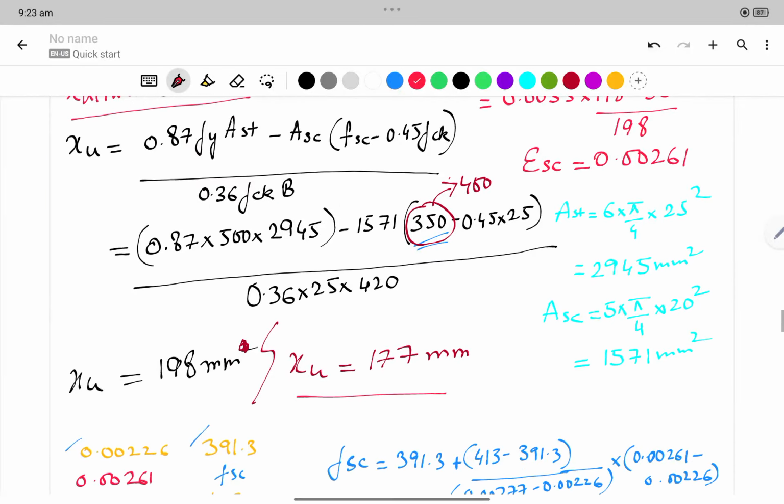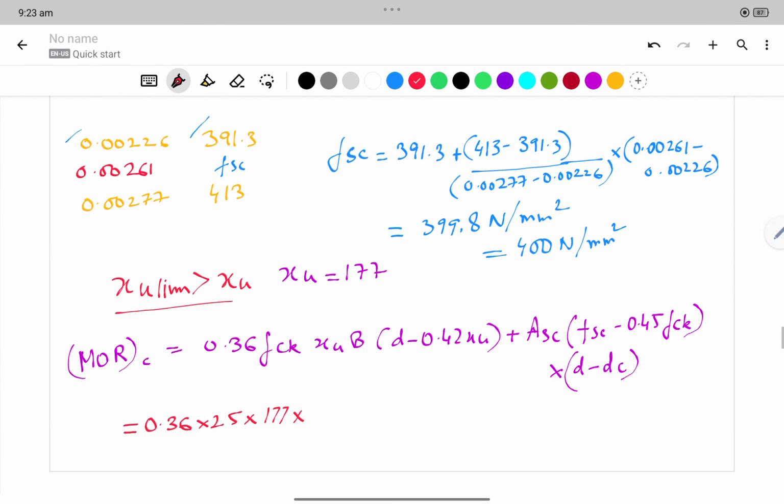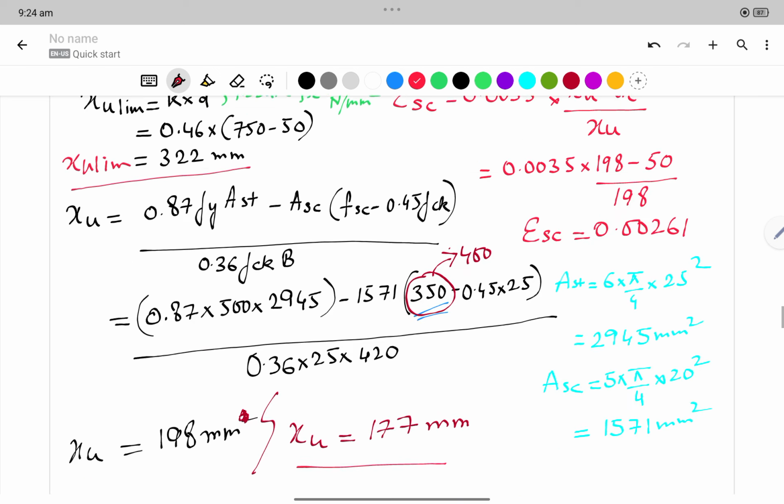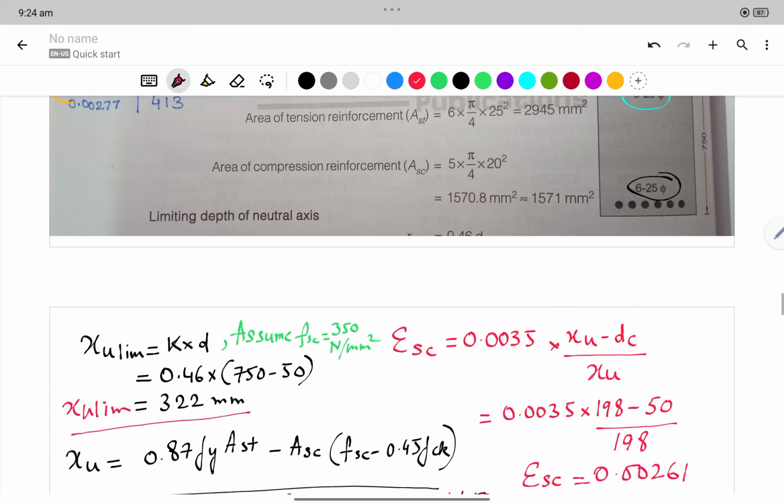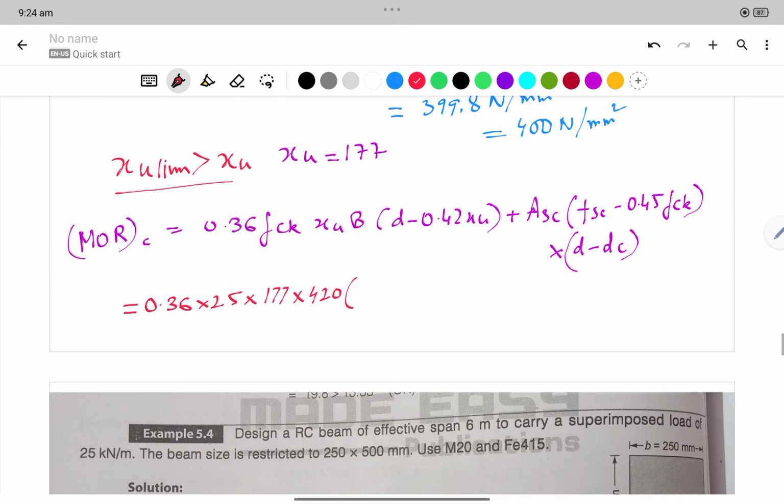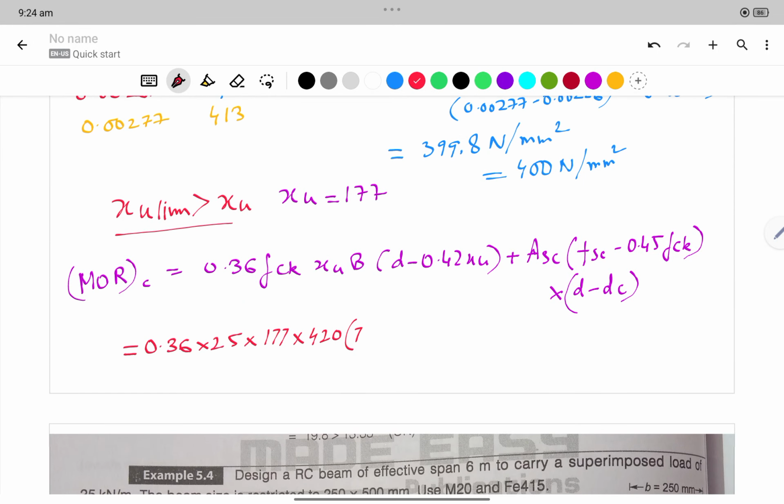B is 420. D, D is 750, so 750 minus 50, 700, into bracket D minus 0.42, XU is 177, plus ASC.